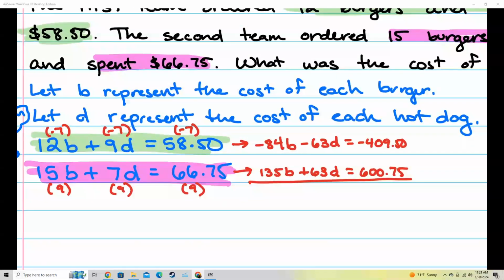I'm doing this because the D's are going to cancel. Those are gone. 135 plus a negative 84, or negative 84 plus 135. When I do this one, I end up with a positive 51B is equal to, and let me go ahead and add up the negative 409.50 with the 600.75, and I get 191.25.